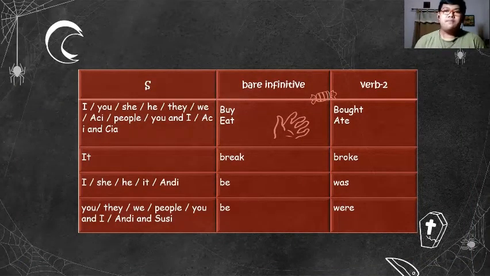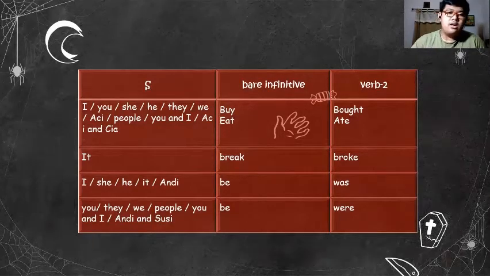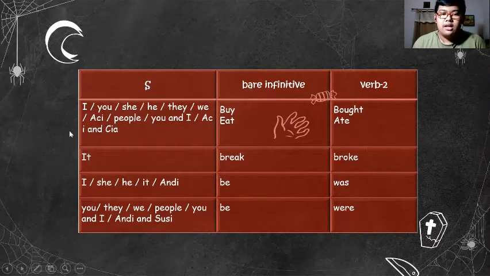And for the subject, we can use I, you, she, he, they, we, or maybe some name, people, you and I, like Aci and Sia, like that. That's the subject, and then the bare infinitive can be buy or eat, and then the second verb is bought or ate. For the subject, the example for bare infinitive is break.